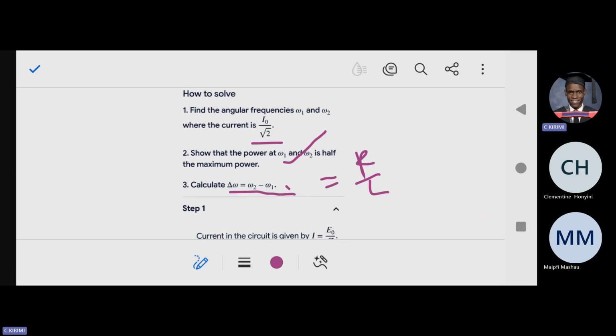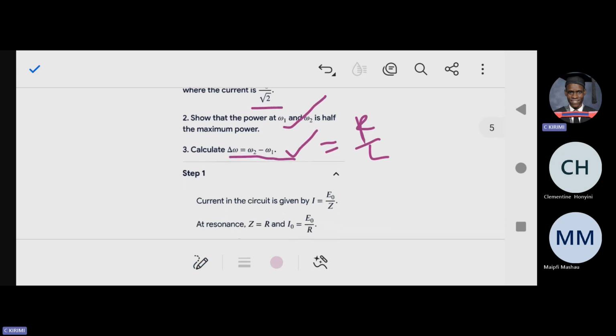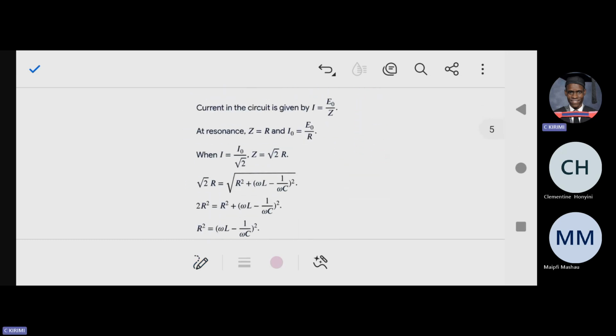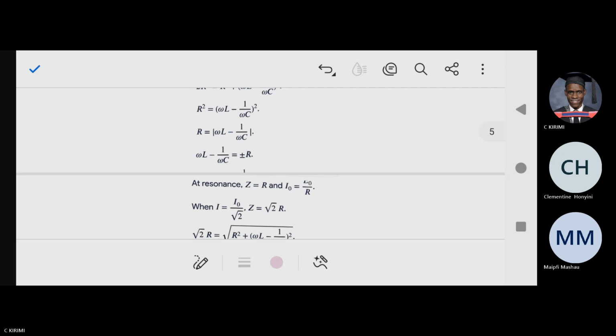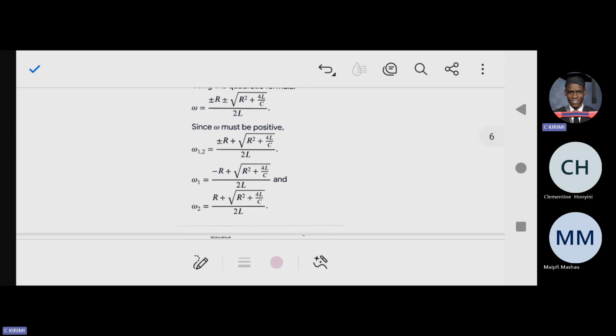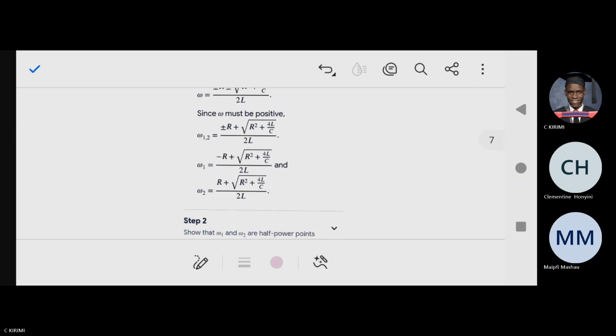Number 3, W2 minus W1 is equal to R over L, which is the third step, which means you need W1 and W2.